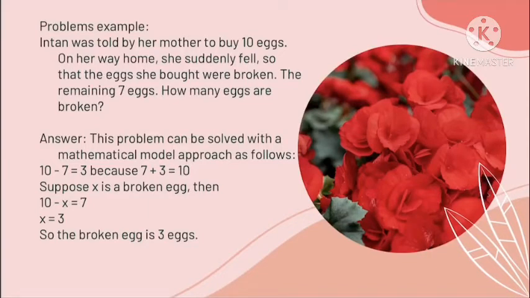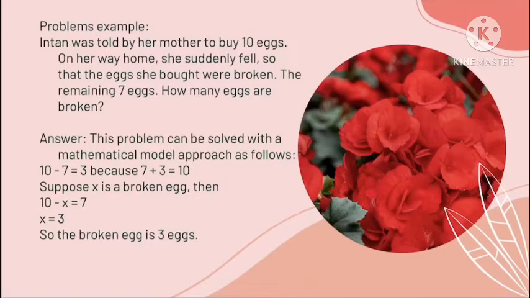Intan was told by her mother to buy 10 eggs. On her way home, she suddenly fell, so the eggs she bought were broken. The remaining are 7 eggs. How many eggs are broken?